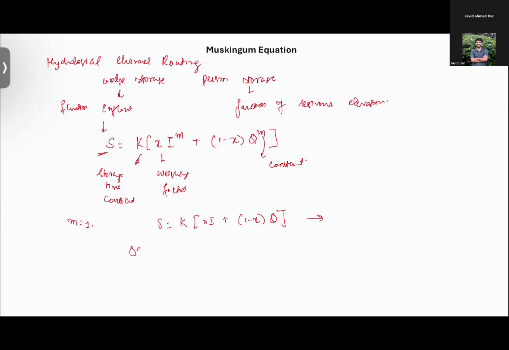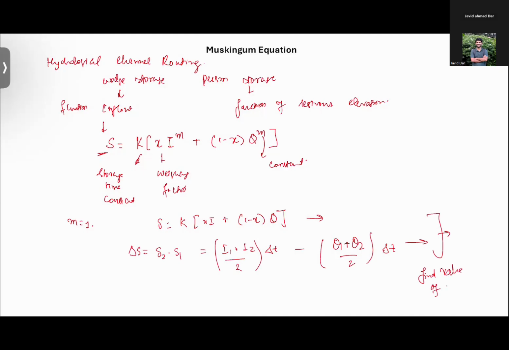So delta S we can write as S2 minus S1. This is going to be I1 plus I2 over 2, we know this equation from continuity, minus Q1 plus Q2 over 2, into delta t. We can use these two equations to find the values of K and x.